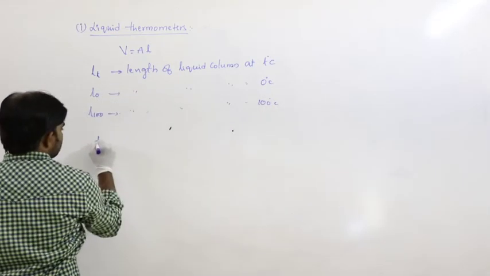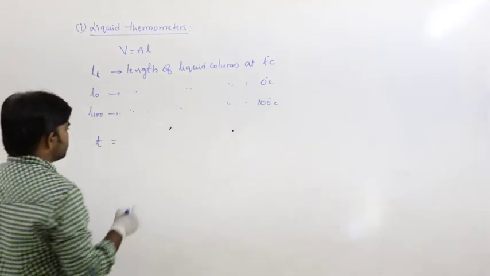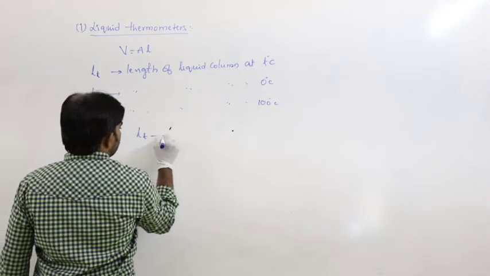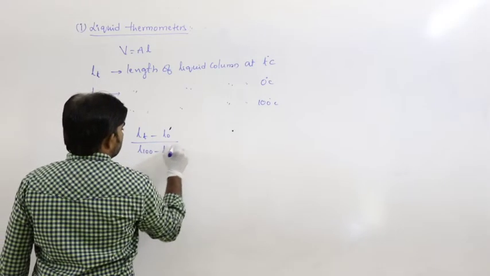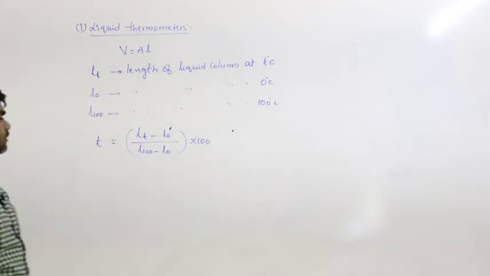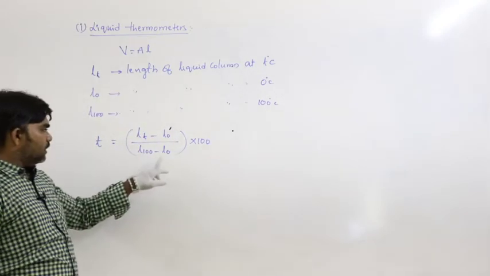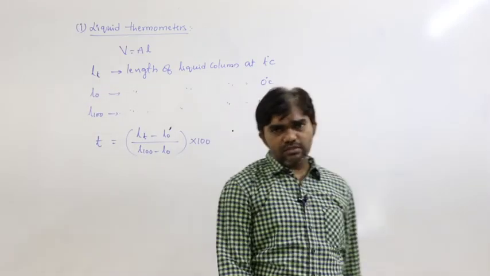Then by using this, temperature can be written as, previously we considered X, but in place of X here we can write LT minus L naught by L100 minus L naught into 100. So that is liquid thermometers.